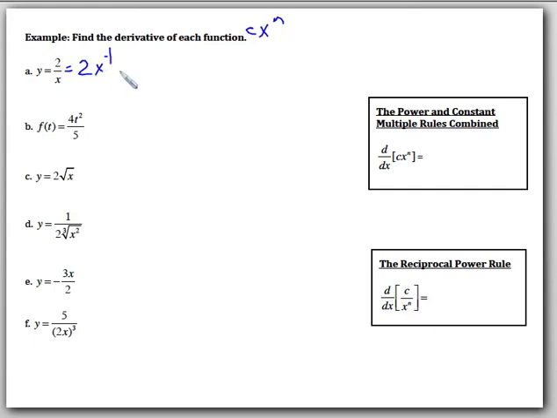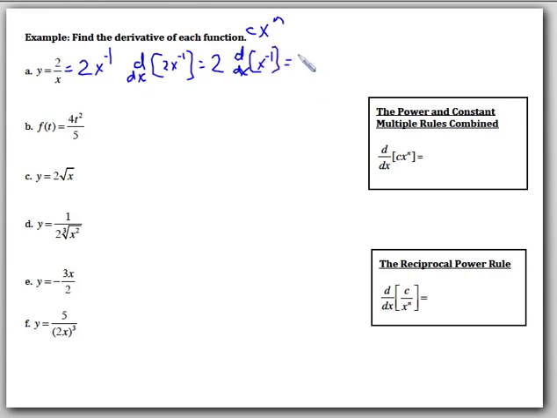So now what this is telling me is that if we take the derivative of 2x to the negative 1, we can factor out that constant 2, and then take the derivative of x to the negative 1.